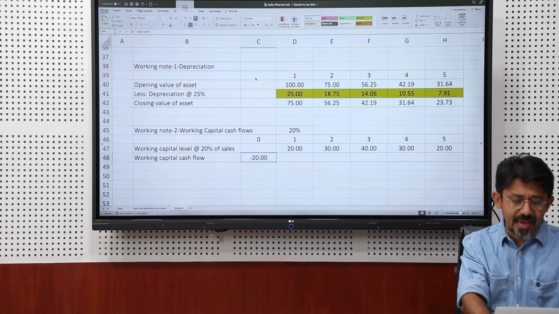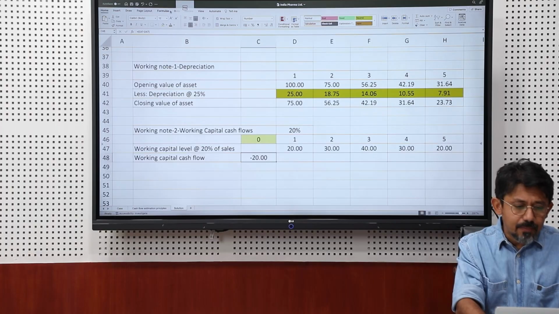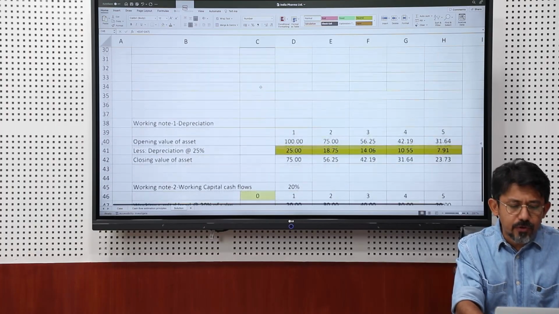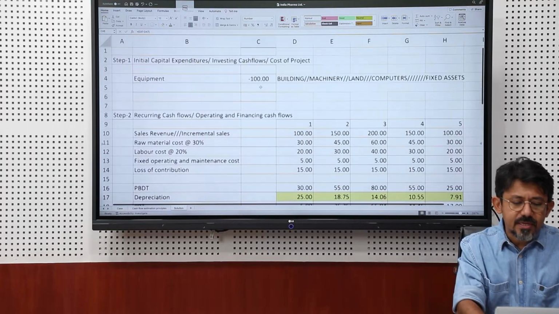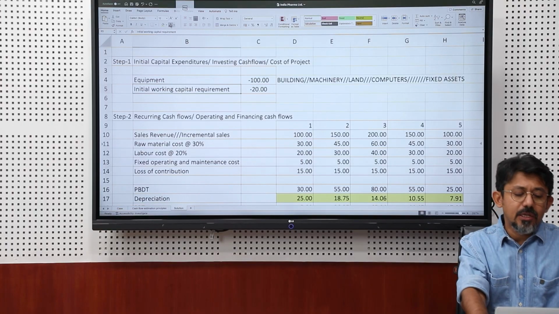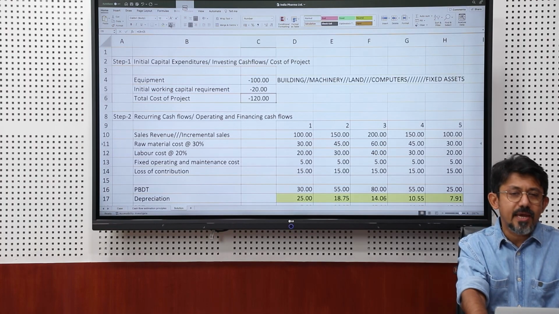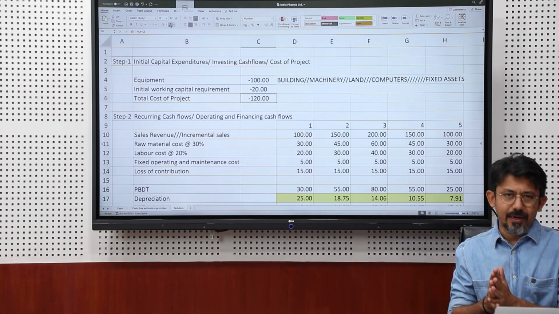So, 20 million is a cash outflow, and this 20 million, since it pertains to year 0, I am showing this as a part of year 0, step 1 over here. So, 20 million initial working capital, which gives me my total cost of the project as 120 million.